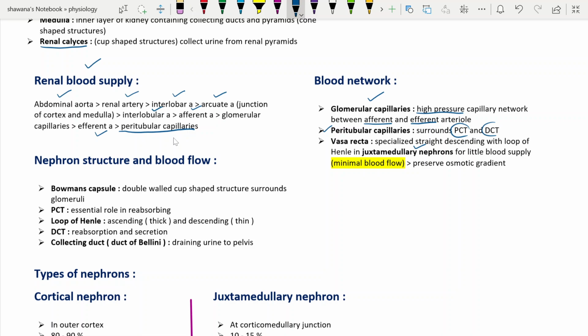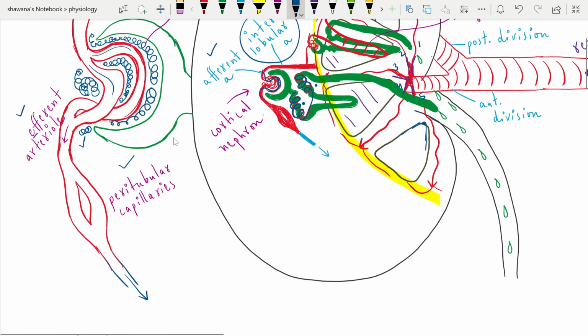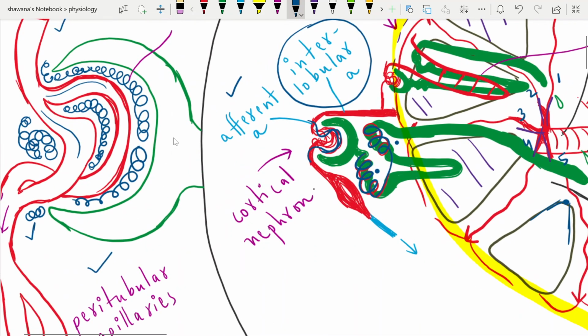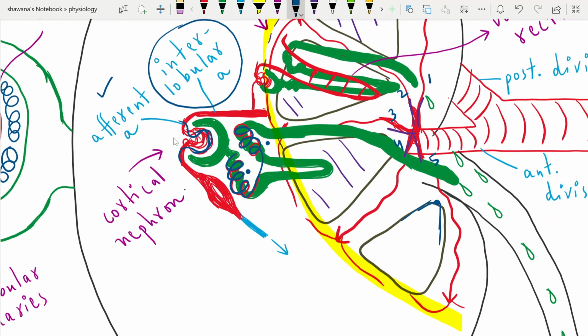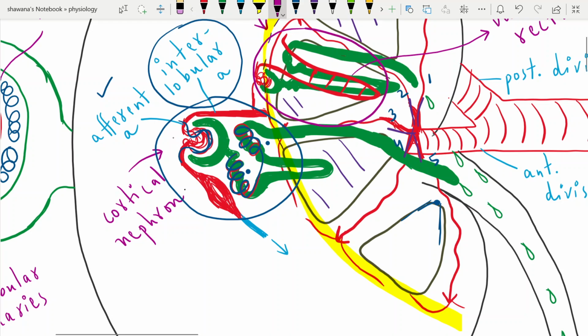What is the difference between the vasa recta and the peritubular capillaries? Because both are around the vessels, around the tubules. So let's see here. This nephron, which I am highlighting in blue, okay, and here's another nephron I'm highlighting in purple.